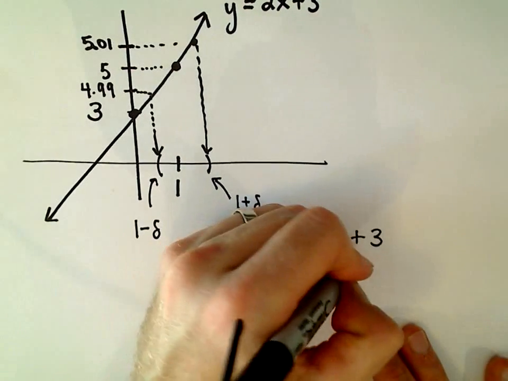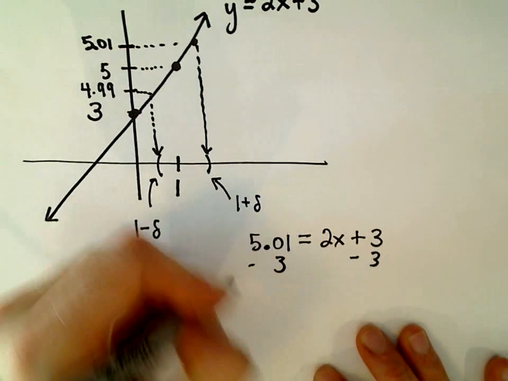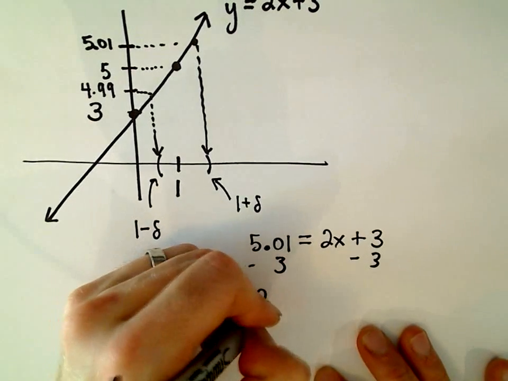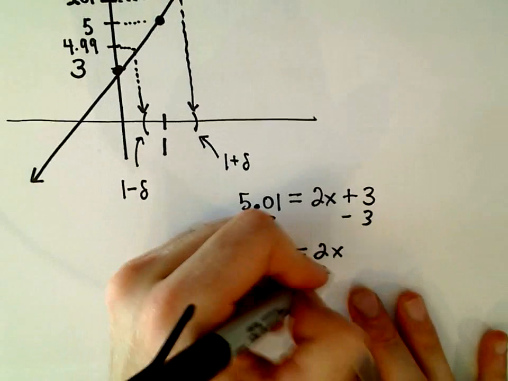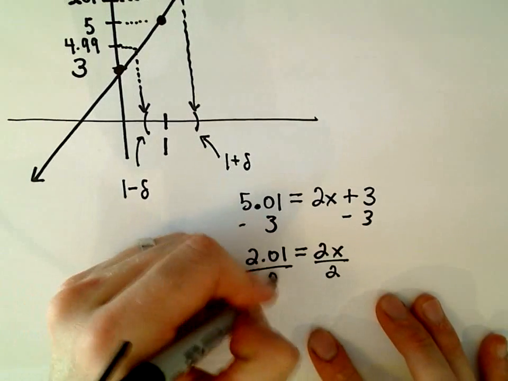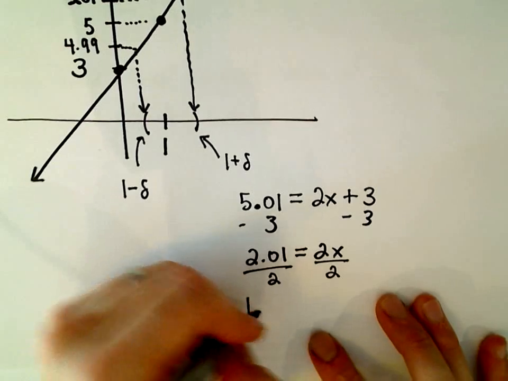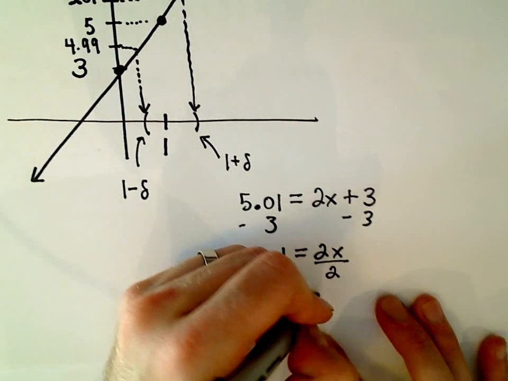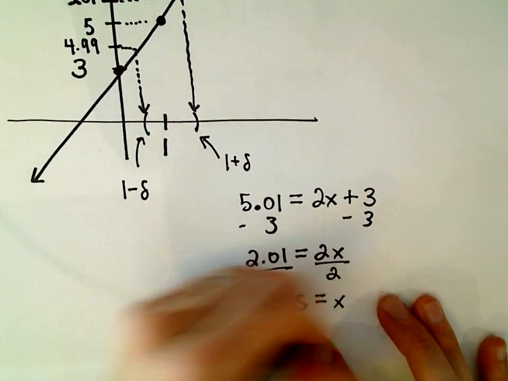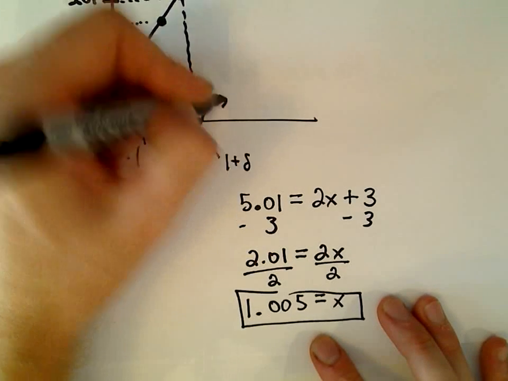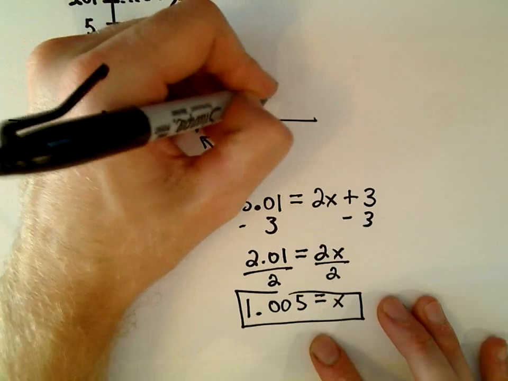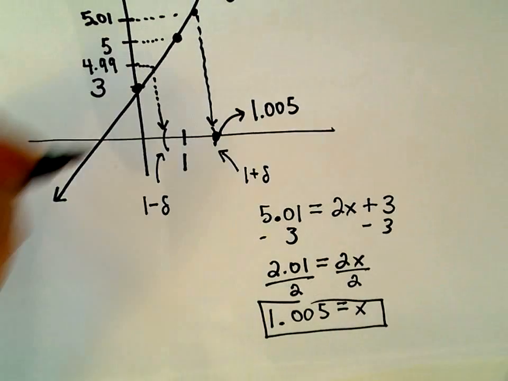We can subtract 3 from both sides. 5.01 minus 3 is 2.01 equals 2x. If we divide by 2, that gives us 1.005 equals x. So this right endpoint is the x-coordinate 1.005.